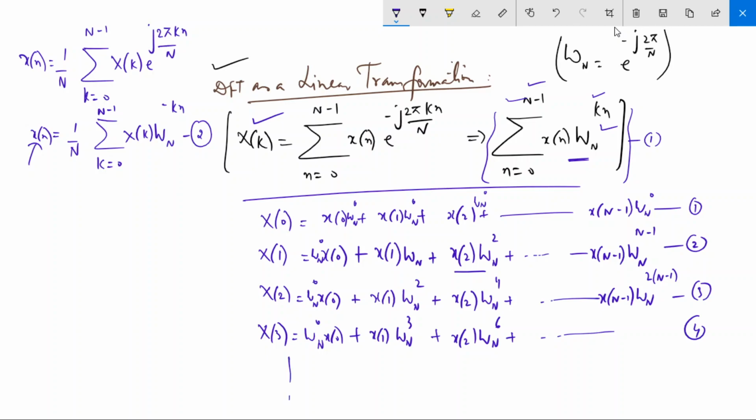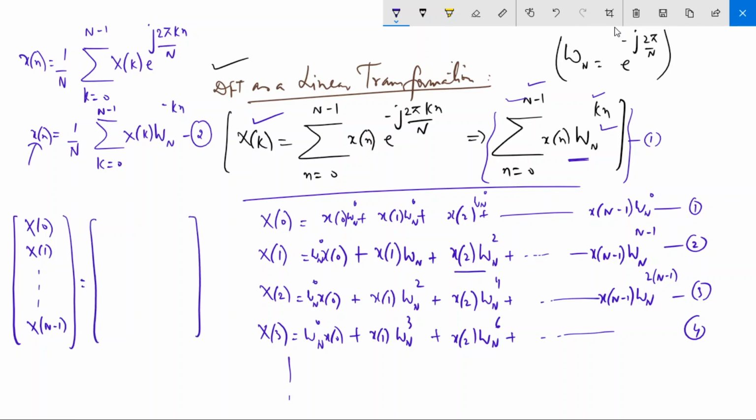So, a set of equations basically. These equations can be written in the form of a matrix, where on the left hand side you will have a column matrix of DFT samples, and on the right hand side you will have a product of two matrices.